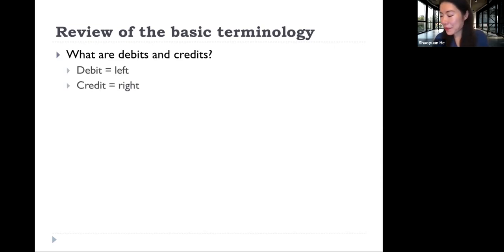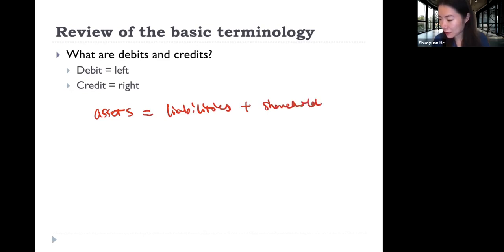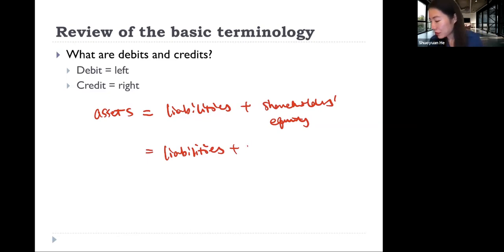If you still remember the basic accounting equation, which is assets equal liabilities plus shareholders' equity. And we can decompose shareholders' equity into paid-in capital and retained earnings. Paid-in capital can also be decomposed into common stock and additional paid-in capital.